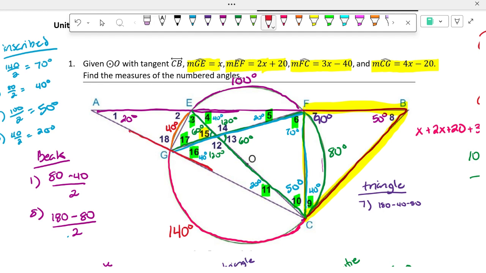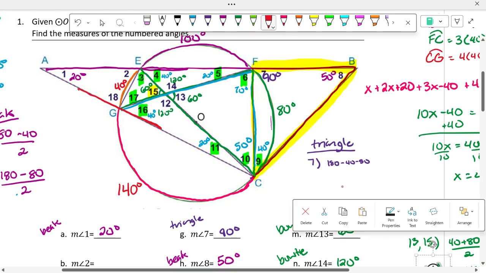All those angles under this line that I just marked, what's true about all 3 of those angles? They'll all add up to what? 180.